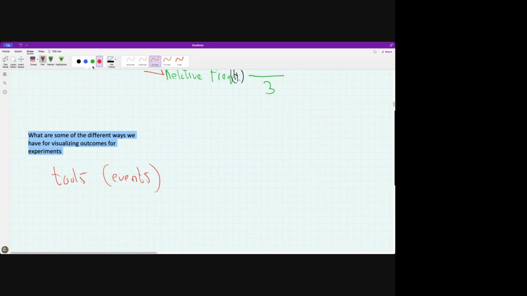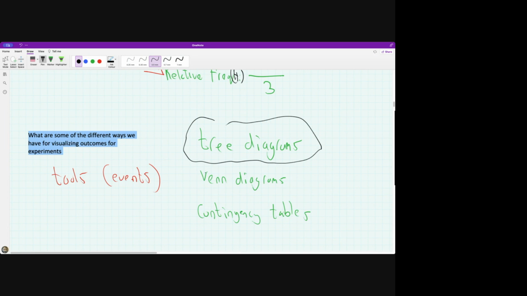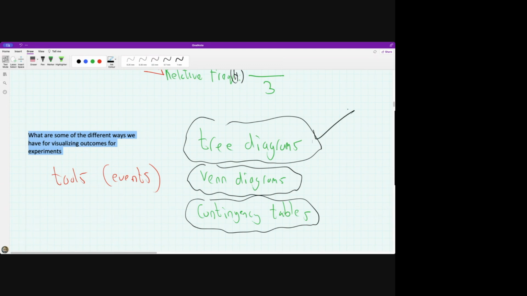So some of the tools you will learn about are tree diagrams. You will learn about Venn diagrams. And you will also learn about contingency tables. And you will notice on the lesson plan for this topic that these three are there: tree diagrams, Venn diagrams, contingency tables. You will see some examples of tree diagrams later today.